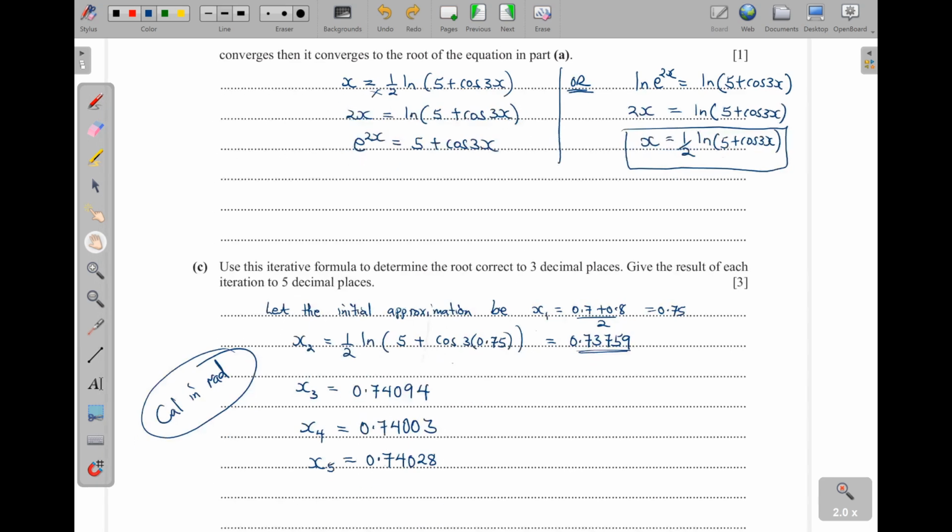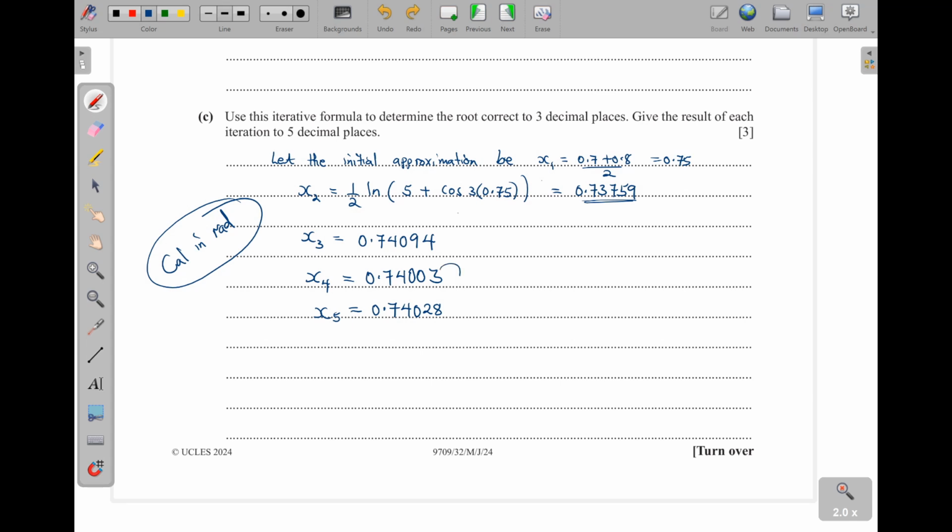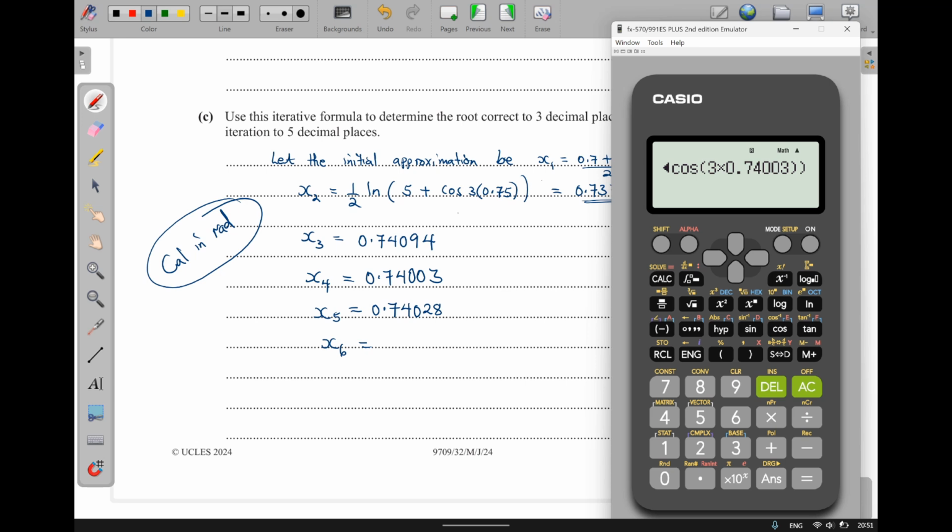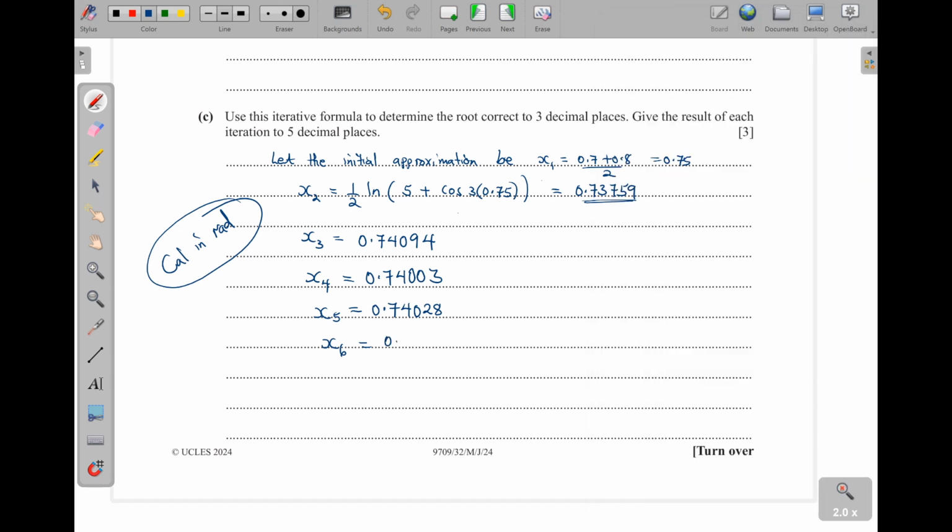We are going to add on another one here because these two are the ones that are giving us 0.740. So the next one is now going to be, so we put in 0.74028. That one is 0.74021. Now these three are giving us 0.740 to 3 decimal places.